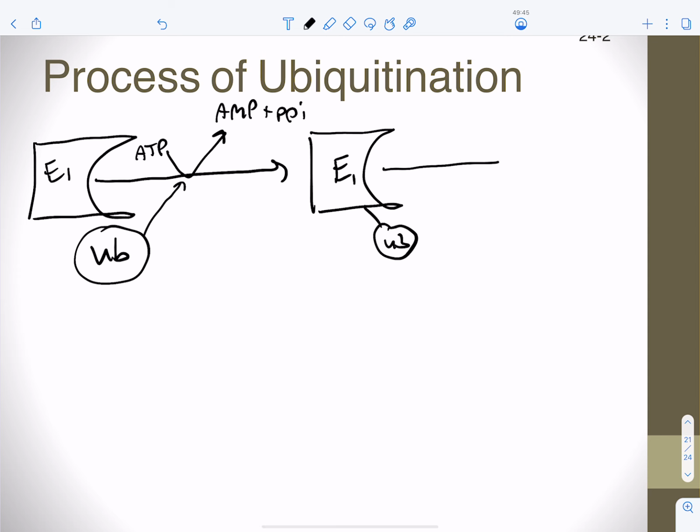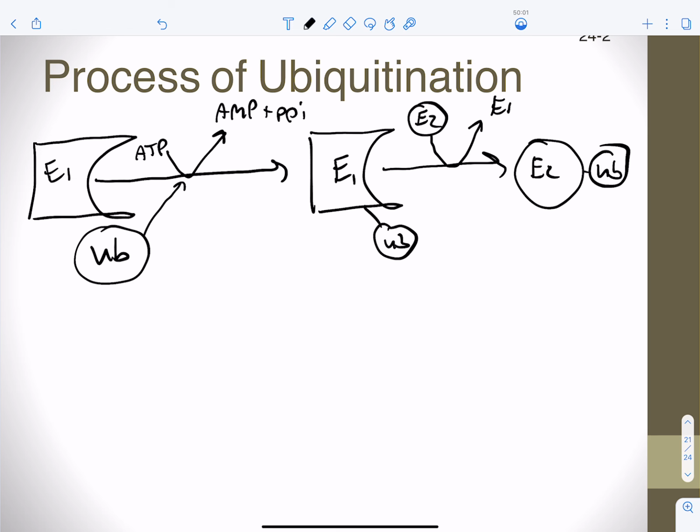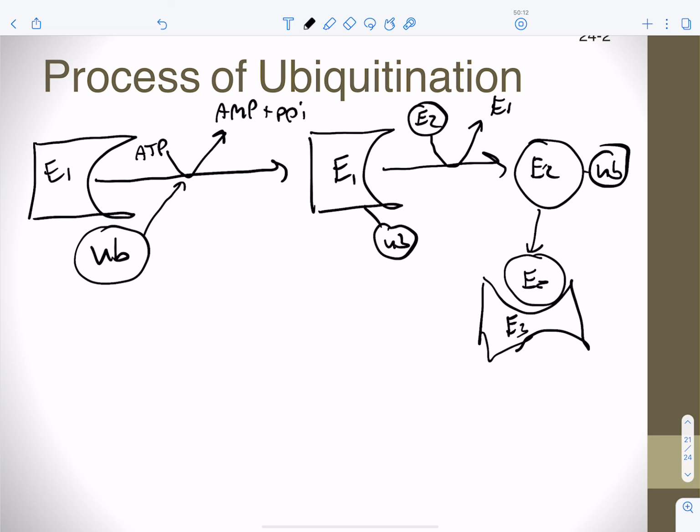Now, after this, you have your E2 that's going to come in. And E2 is going to come in and release E1. And so now you're going to have your E2 with your ubiquitin. And then you're going to have an E3 protein, which has sort of two docking sites, you can think. And so you're going to have E2 bind to one with your ubiquitin. And then you're going to have your substrate bind to another.